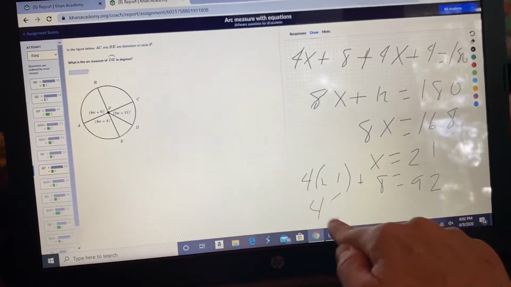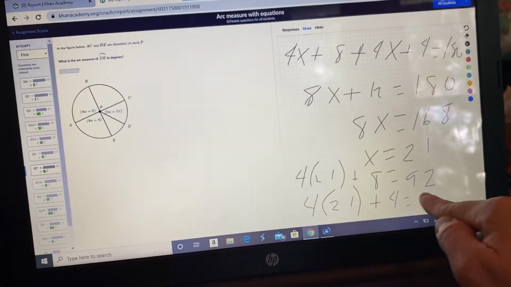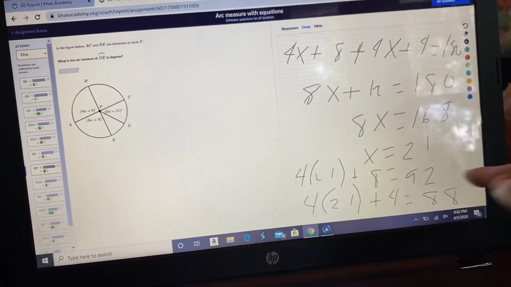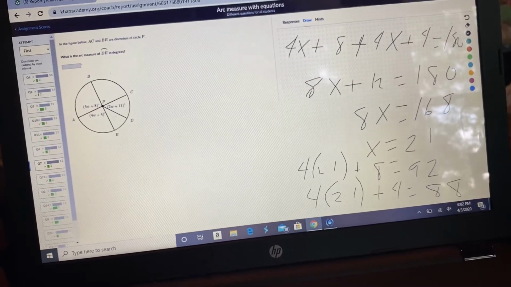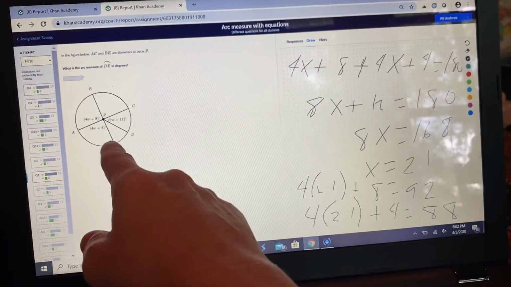4 times 21 plus 4 would be 88. Okay. And we want the measure of DE.